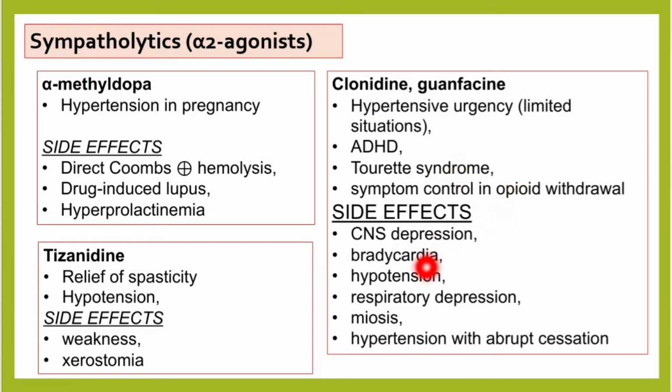Because it crosses the blood-brain barrier, it causes central nervous system depression, bradycardia, hypotension, respiratory depression, miosis, and it can also cause hypertension with abrupt cessation.